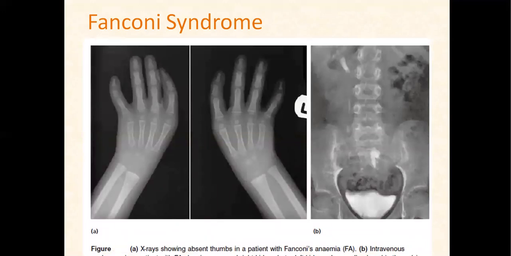This X-ray shows you the absence of the thumb in a patient with Fanconi anemia, and on another slide, using a special intravenous pyelogram, the patient's kidney is present in an abnormal place, which is in the pelvis.